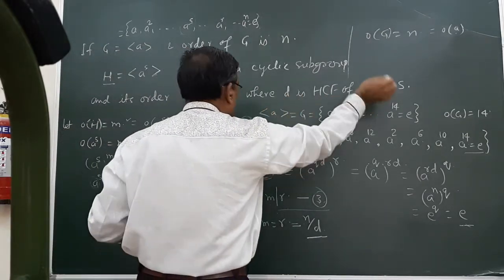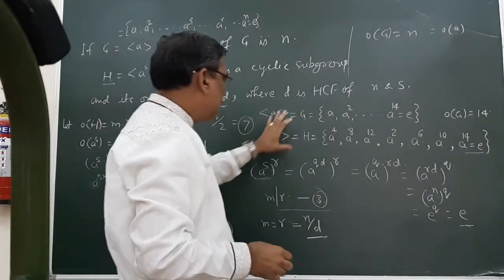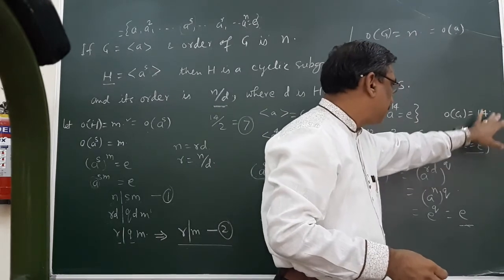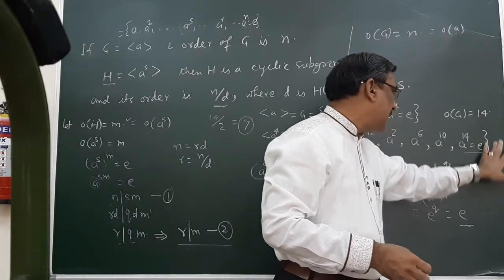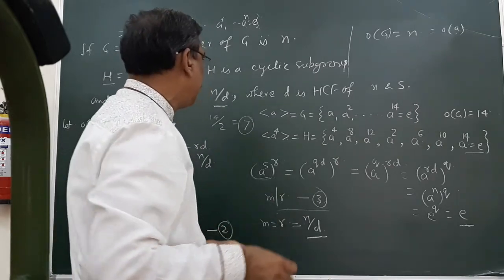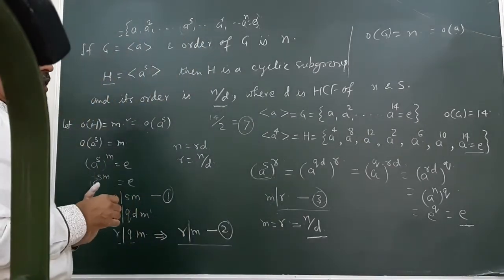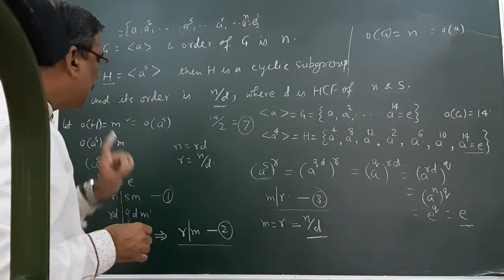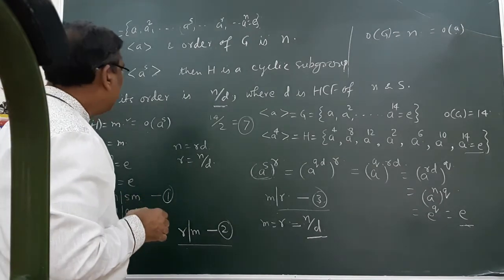D is the HCF of these two. Practically we can find it in this way, or theoretically we can prove it in this way. And if the HCF is 1, then what will happen?